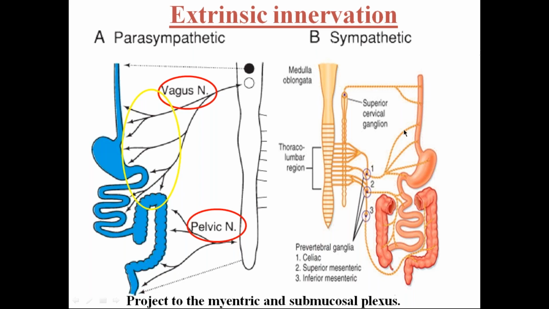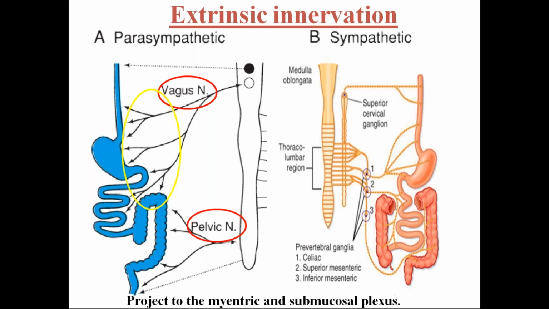So this is your parasympathetic innervation. Sympathetic innervation comes from the thoracolumbar segments. Here you can see it is the thoracolumbar. In the thoracolumbar region of the spinal cord, the preganglionic neurons would be arising from the intermediolateral gray columns. So this you must have already read in your anatomy classes also, that it has the dorsal horn, the ventral horn, and the intermediolateral gray horn.